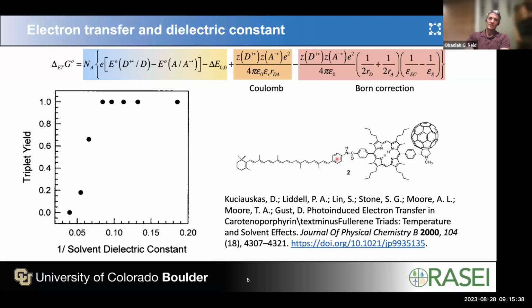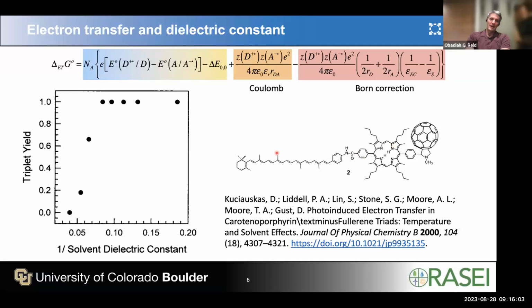And broadly, these things are known as donor bridge acceptors. In this case, it's sort of a mixture of what's donor and what's bridge and what's acceptor. The way that this works fundamentally is that you photoexcite this porphyrin unit, you get electron transfer to the fullerene, and then the hole subsequently hops over to this carotene unit. So you get this pretty large charge separation distance.